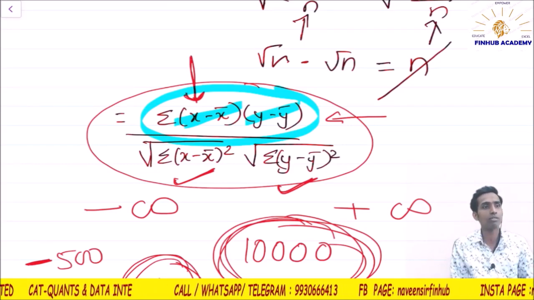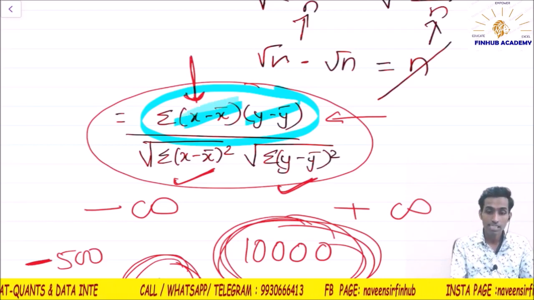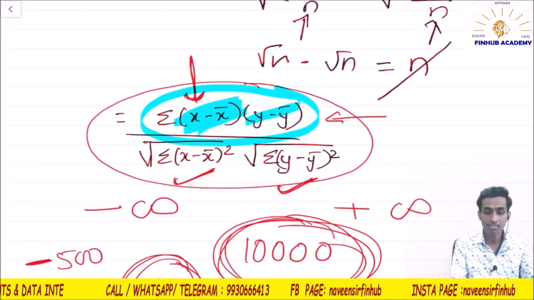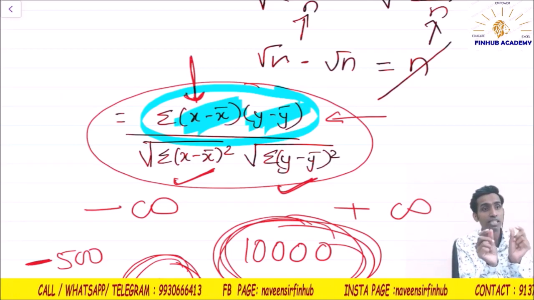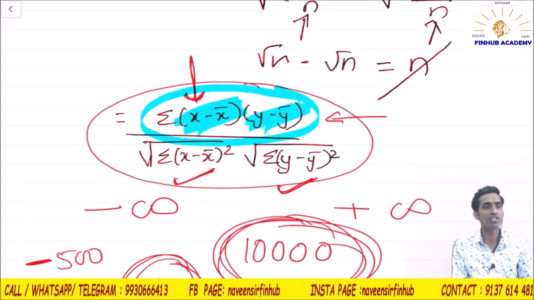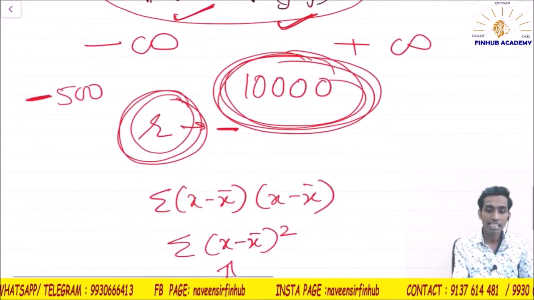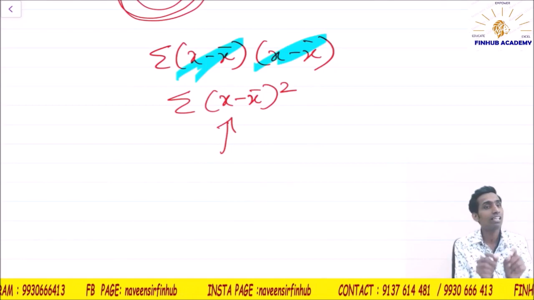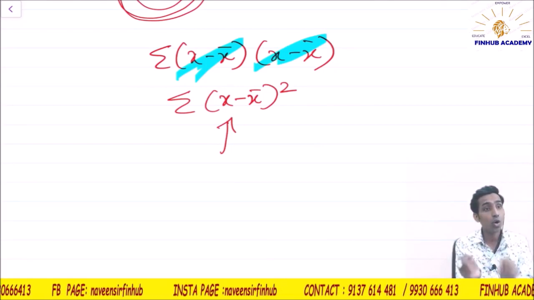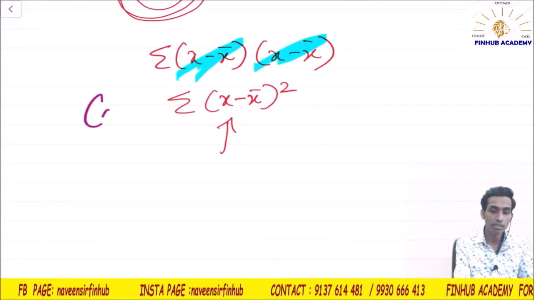I am just explaining you the maths. Here this is x minus x bar, here it is y minus y bar, a deviation of x and y from their averages, and you are taking the product. When I take the deviation x minus x bar with x minus x bar and the product, it is also a covariance, but not between x and y.